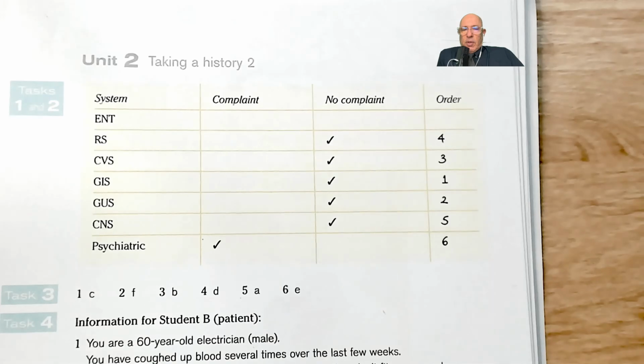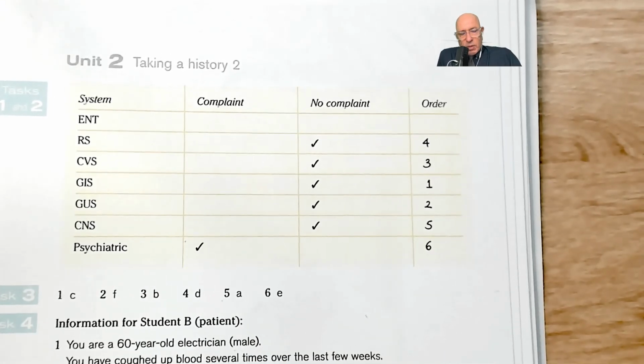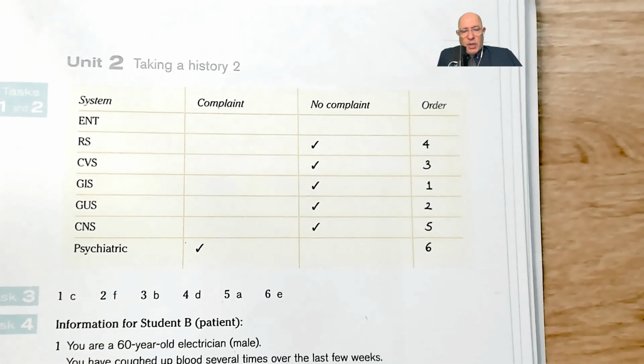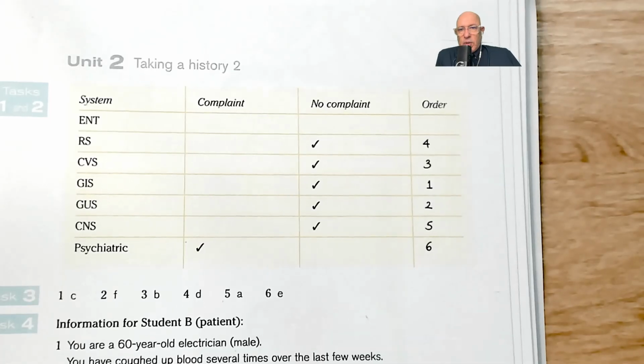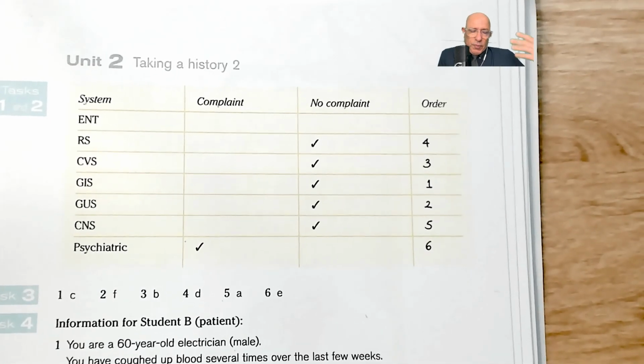And so this patient is feeling a bit down, not feeling herself, indicating a potential psychiatric issue, and the need for a general practitioner to refer this patient to a psychiatrist.